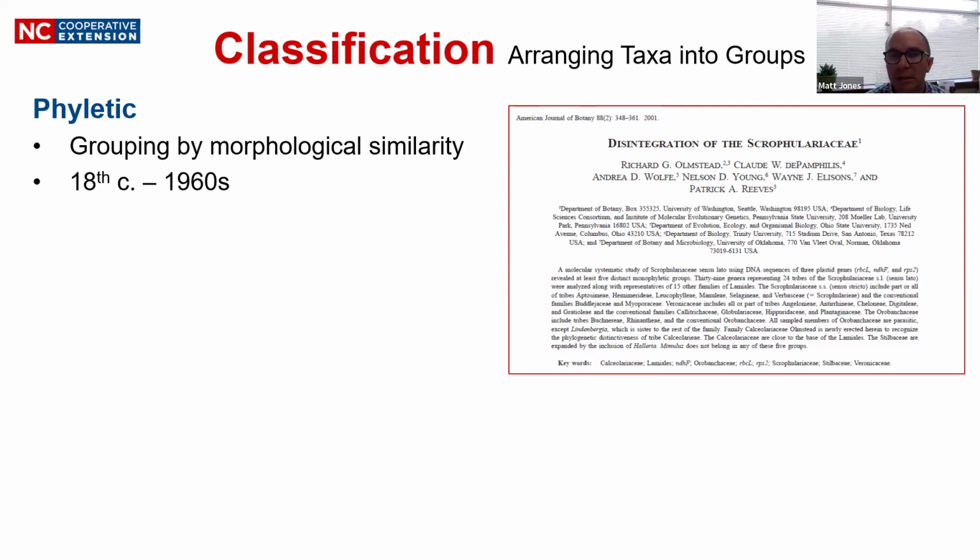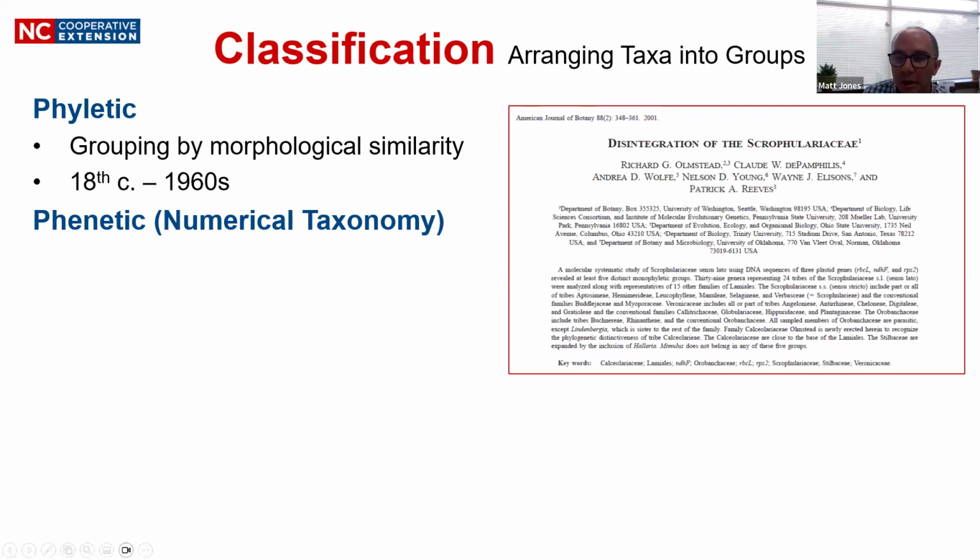through the 1960s. But then as we started using computers in the 60s, there was an effort to add some objectivity to that decision making. So instead of relying on the subjective judgment of, albeit, experts, making this a more objective approach was the goal with some of these early simple computers, and that was the phenetic approach or the numerical taxonomy approach.